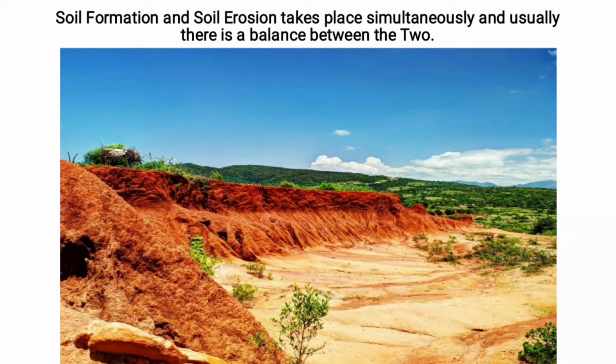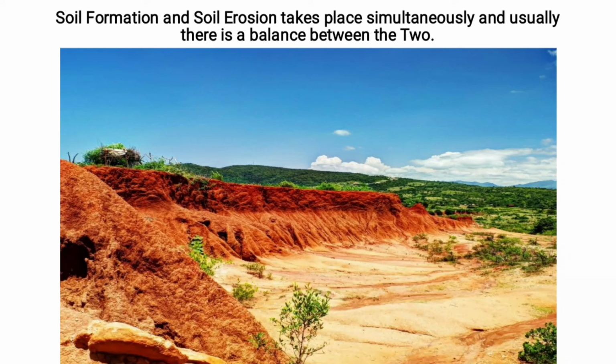So soil erosion happens due to the forces of the wind and the forces of water, and this is a natural process. We need not worry about it, isn't it? This is the natural process. It has to happen.